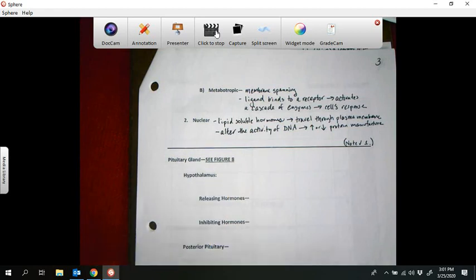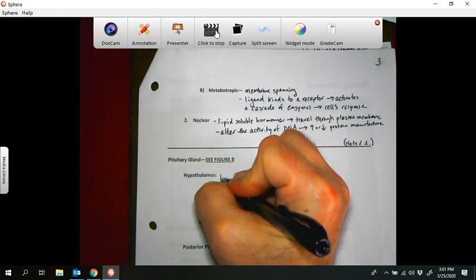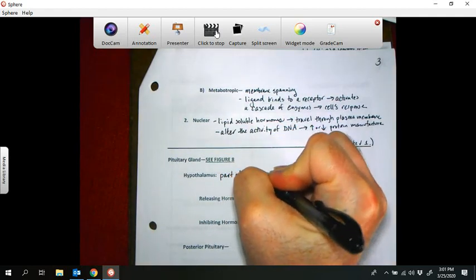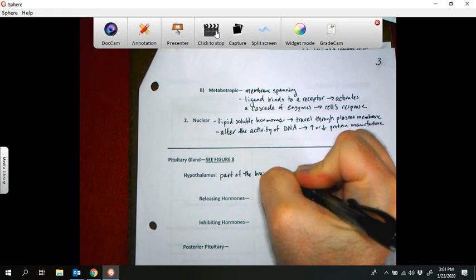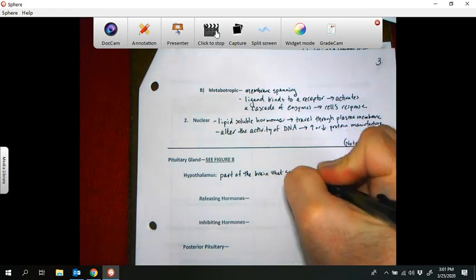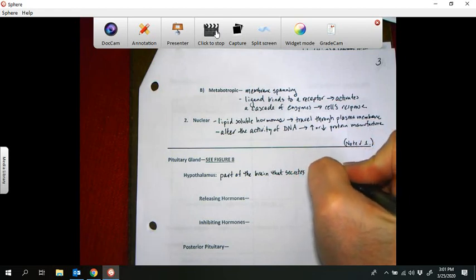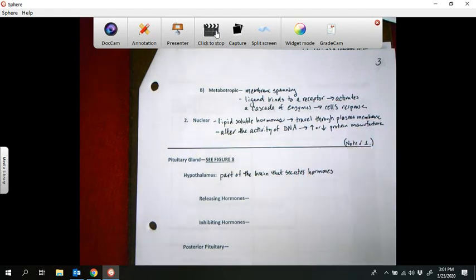So the hypothalamus is part of the brain that secretes hormones. And these hormones that are produced there can be one of 2 types: releasing hormones and inhibiting hormones.